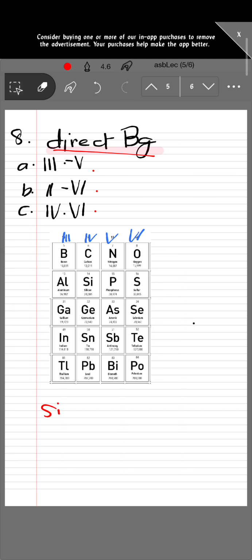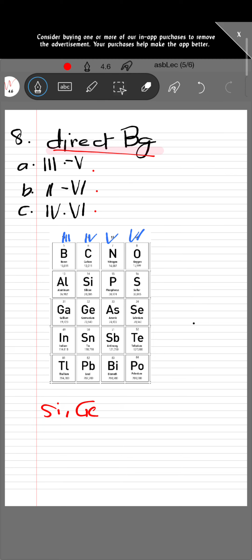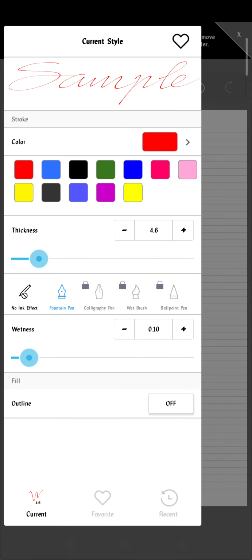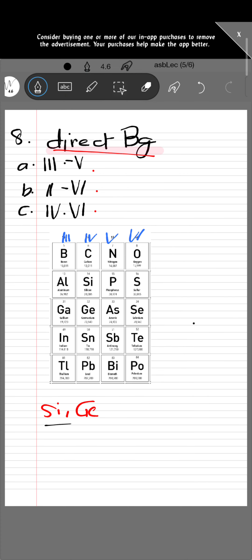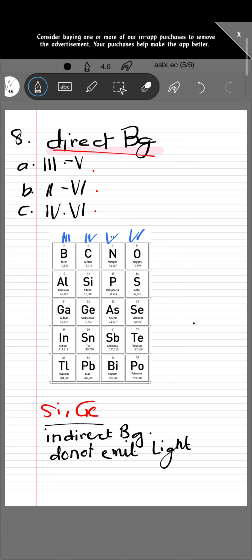Silicon and germanium, the normal semiconducting materials, are indirect band gap semiconductors. They do not emit light. They, however, start to emit light only at nanoscale.